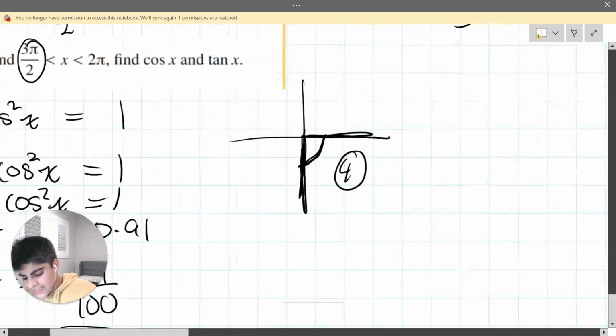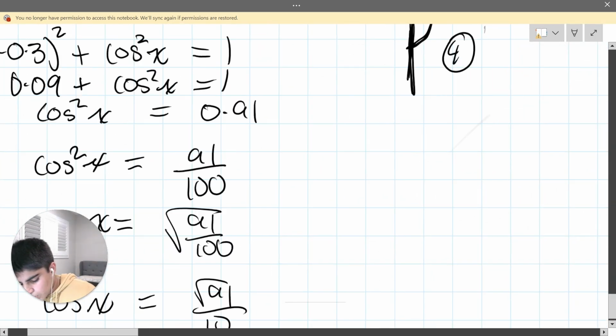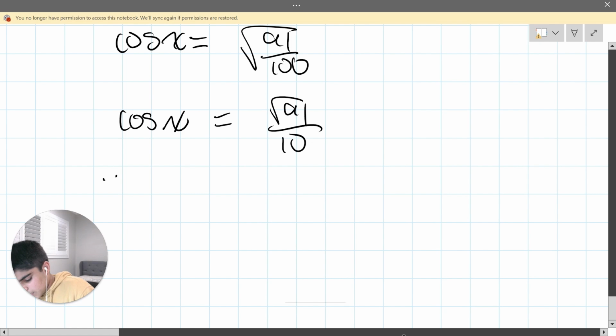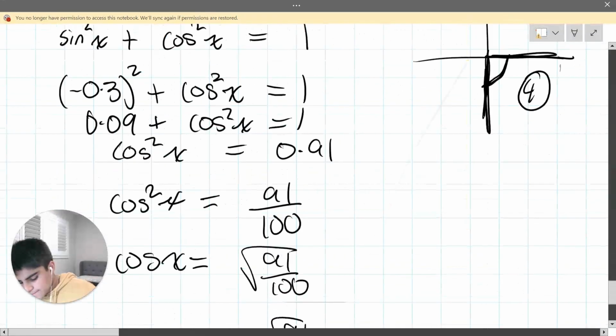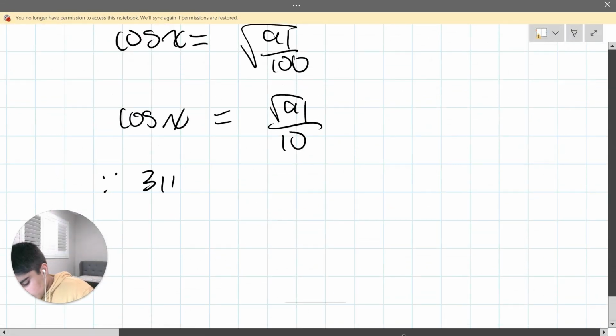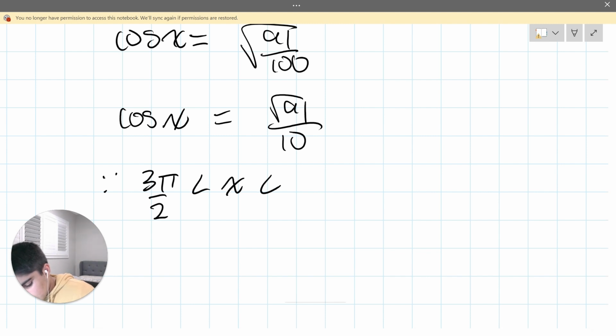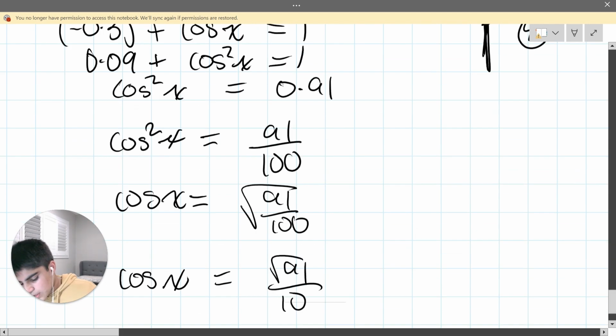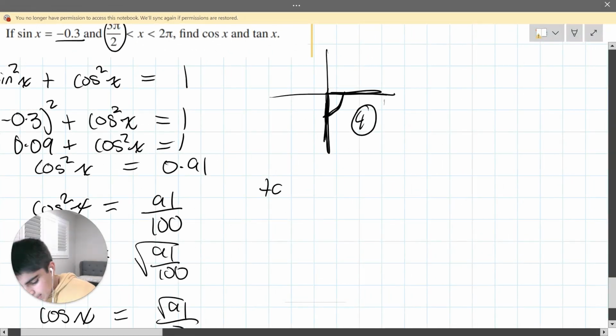Now because cosine is positive in the fourth quadrant, and x is greater than 3 pi on 2 and less than 2 pi, cosine x equals root 91 over 10. Now let's find tan x.